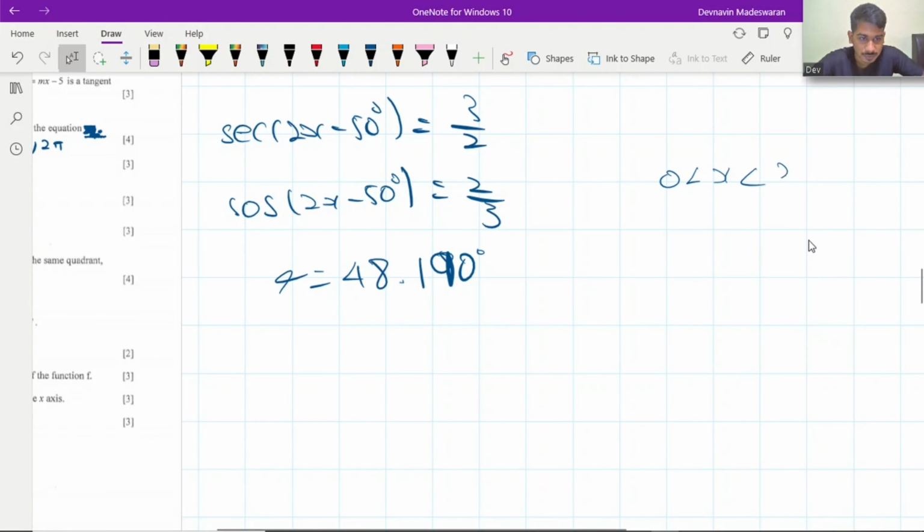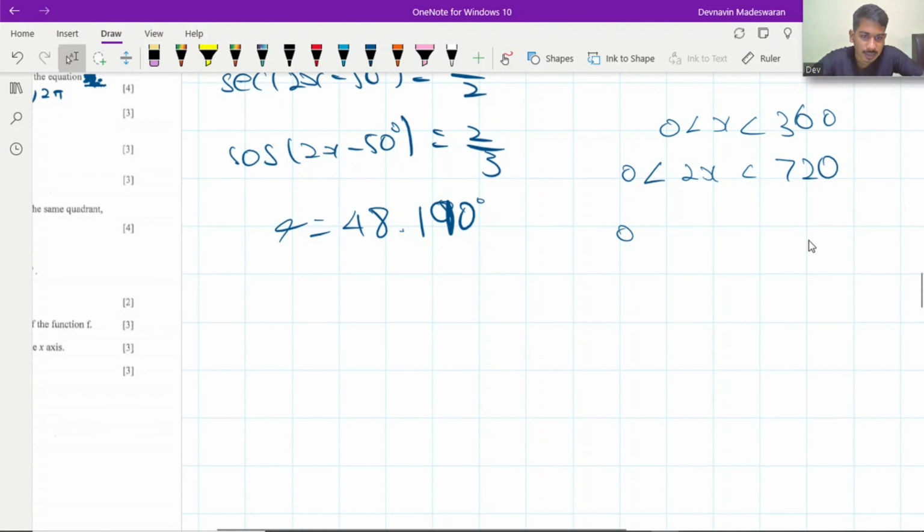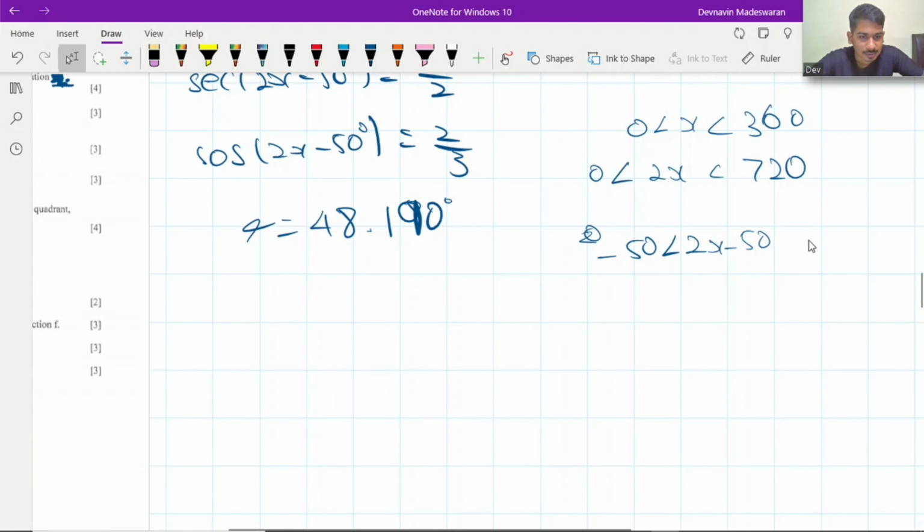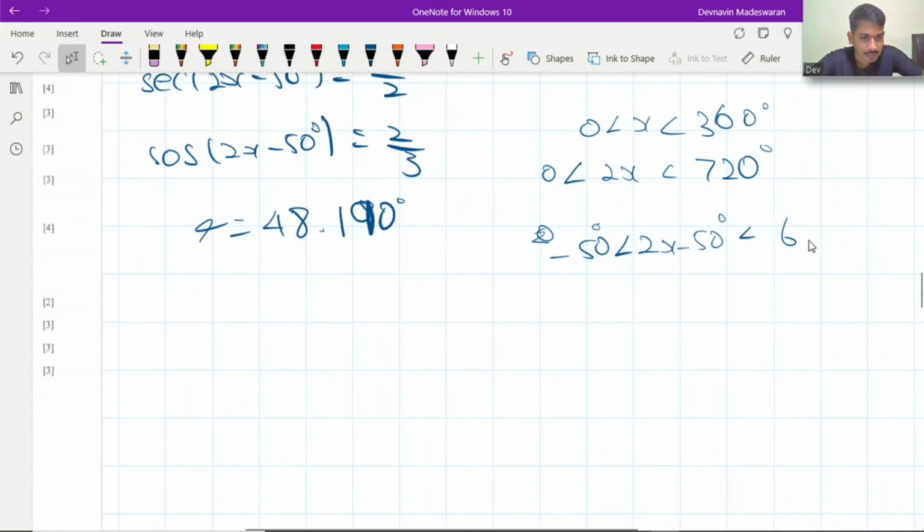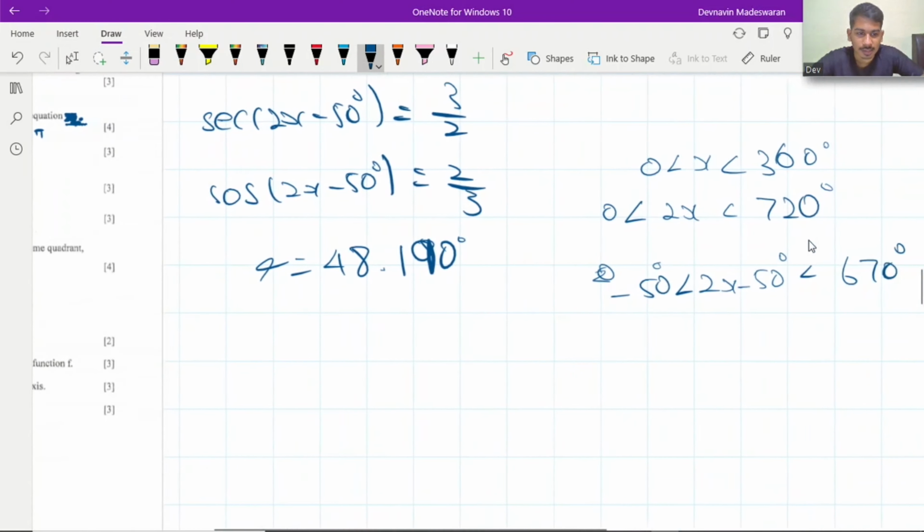X is from 0 to 360, but 2x will have to go from 0 to 720, and then 2x minus 50 degrees will have to go from minus 50 degrees to 670 degrees. Okay, this is a long thing.